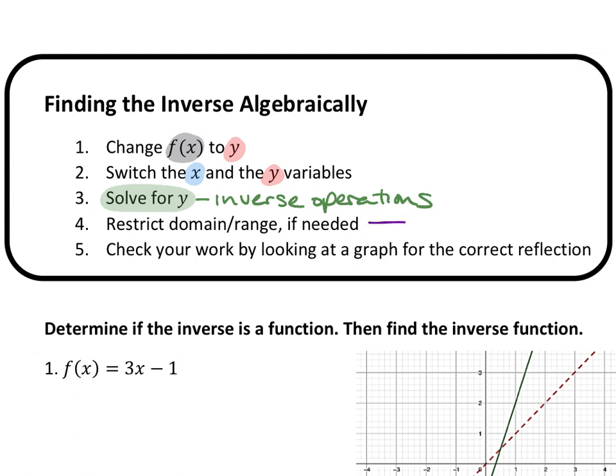This is going to be needed when we have what are called even powers. Meaning if you have something squared or to the 4th power or to the 6th power, we're going to have to do this step. Otherwise, we can basically forget about it because odd powers will be fine. And the last thing we're going to do is check our work by looking at a graph to make sure it actually does reflect over that diagonal line y equal to x.